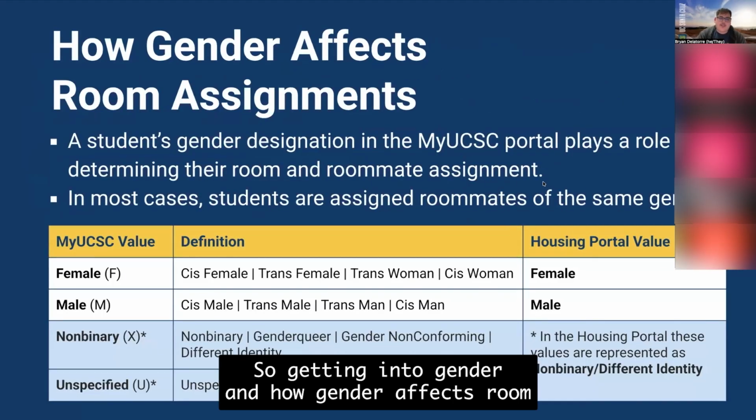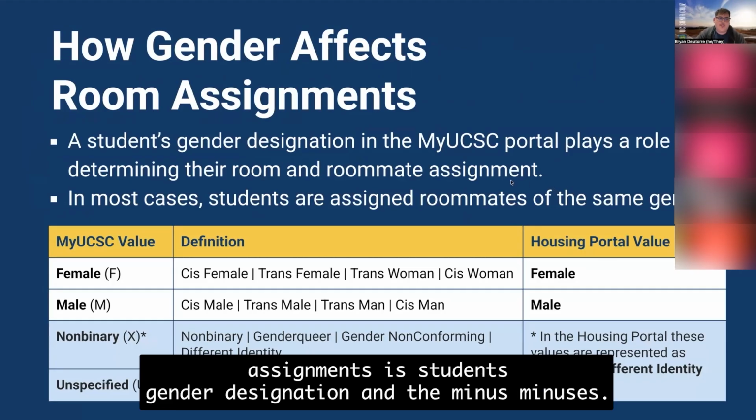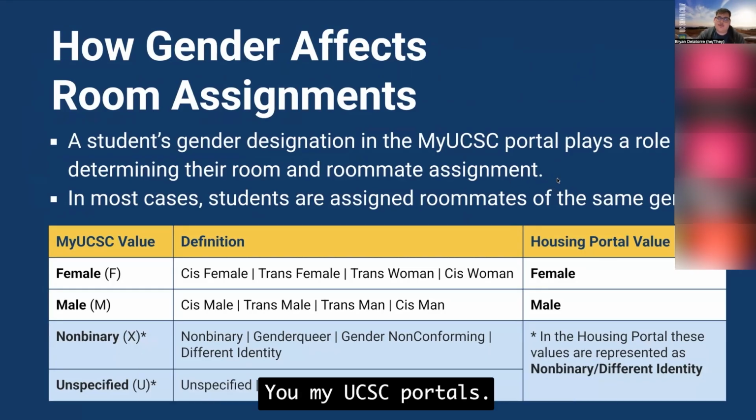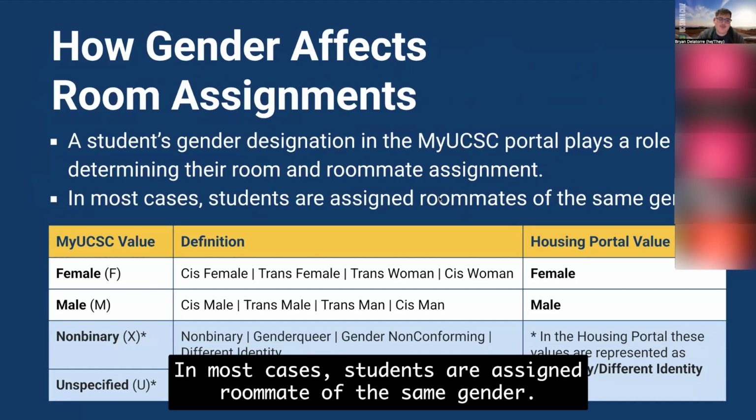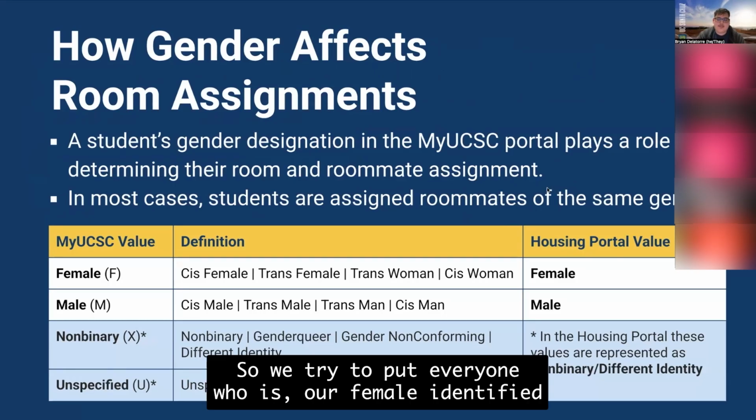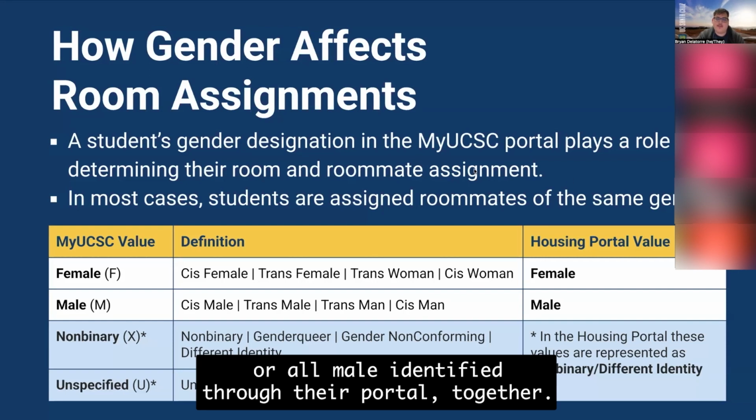So getting into gender and how gender affects room assignments, a student's gender designation in the My UCSC portal plays a role in determining their room and roommate assignment. In most cases, students are assigned roommates of the same gender. So we try to put everyone who is all female identified or all male identified through their portal together.